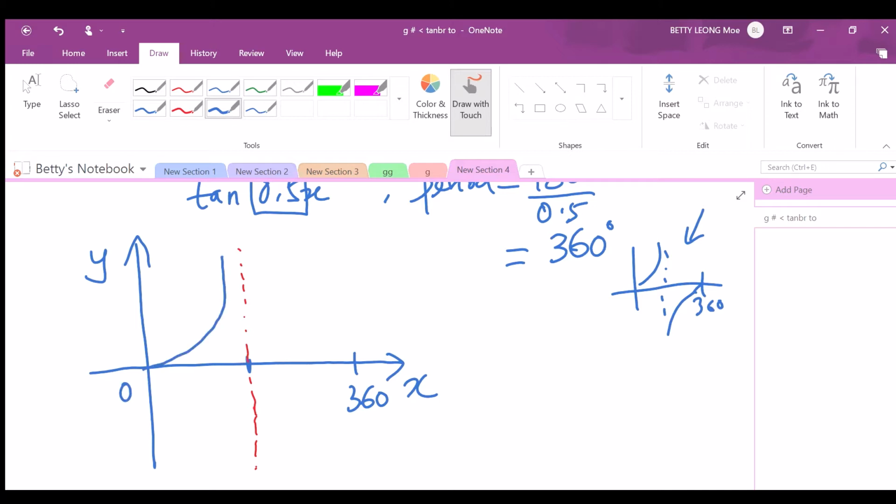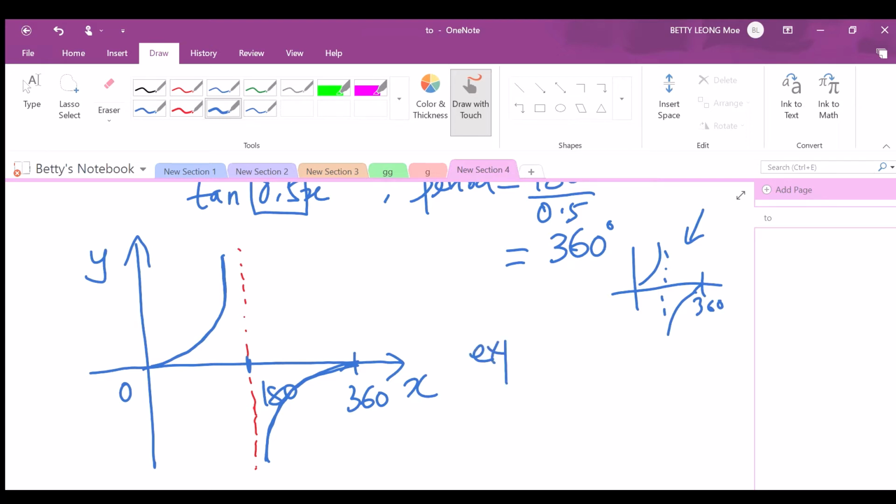This one is actually 180. And then from 180, you'll move up to 360. So this is the graph for tangent 0.5x. Once again, you can see it expanded.